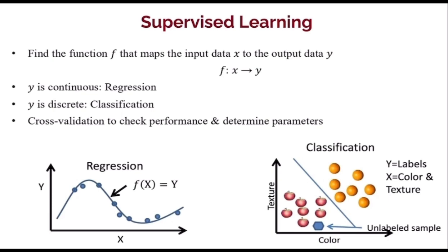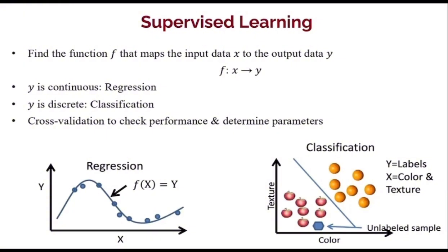For linear regression, the output label has to be continuous in nature. When Y is discrete or categorical, we go for logistic regression, neural network, or support vector machine.